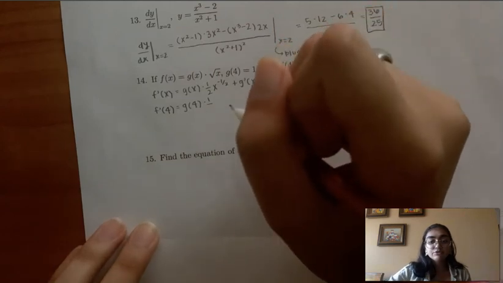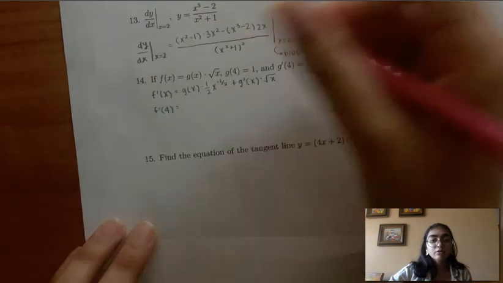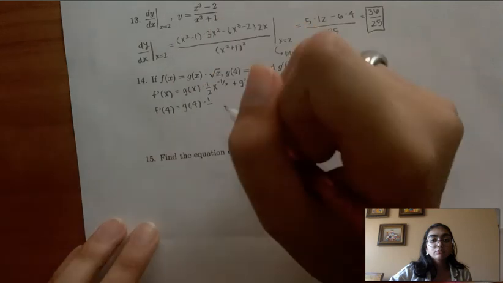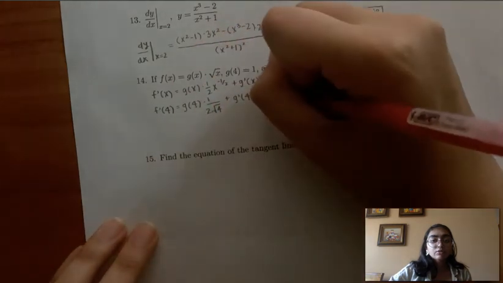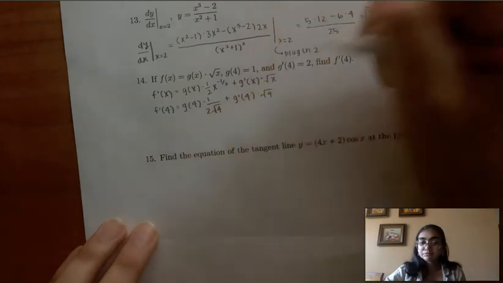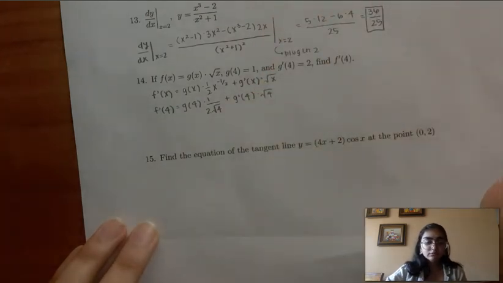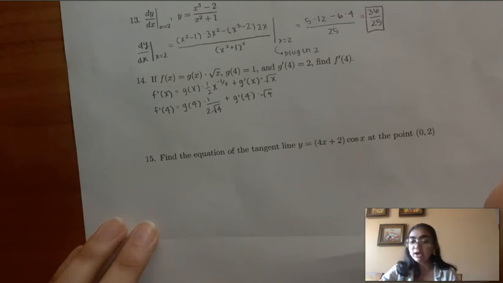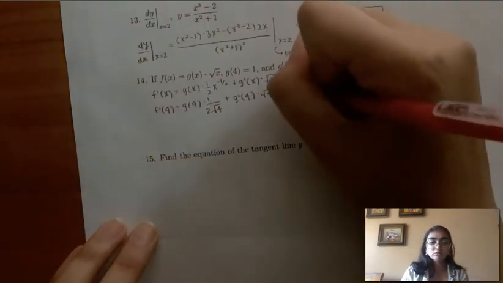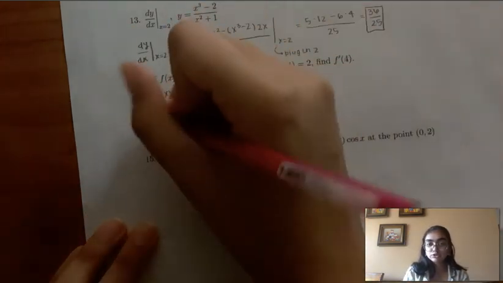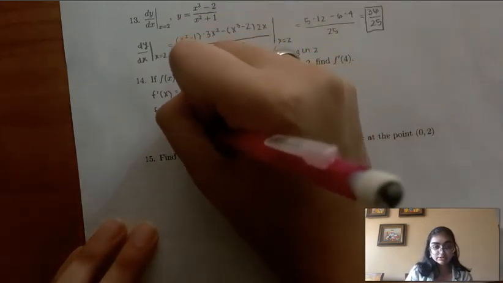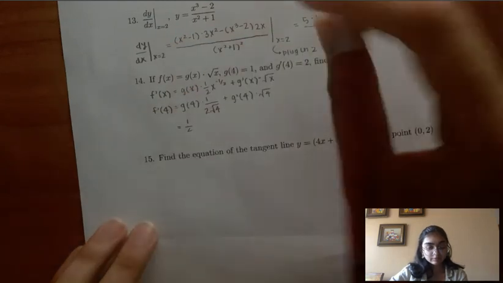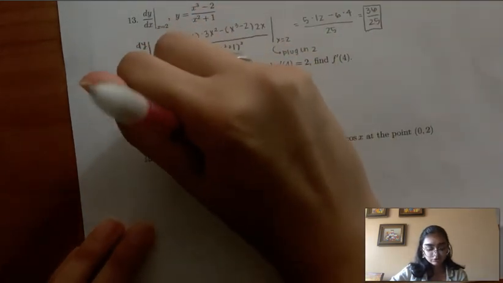plus derivative of g at 4 times square root of 4. If you wanted to skip that step and just go ahead right into turning that into numbers, you can do that. So now we're going to have g of 4.